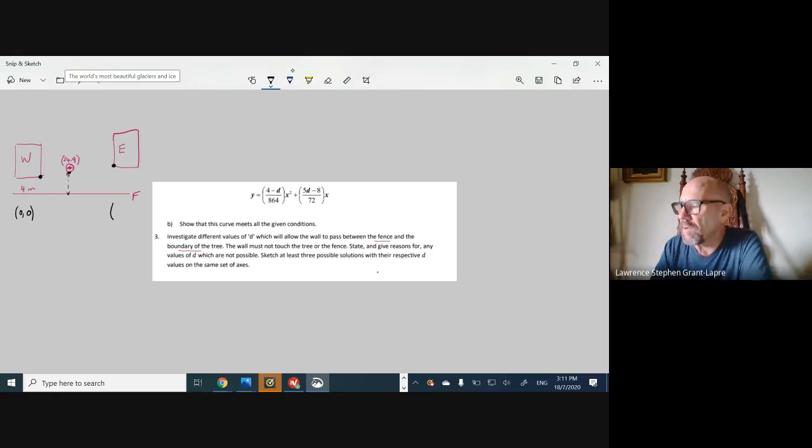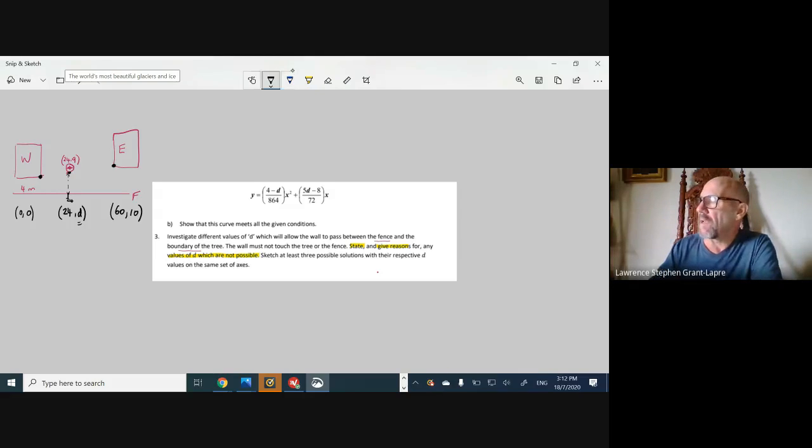From 0, 0 to 60, 10. D is the Y value for this point here when X is 24. So investigate different values of D. State and give reasons for any values of D which will not be possible.